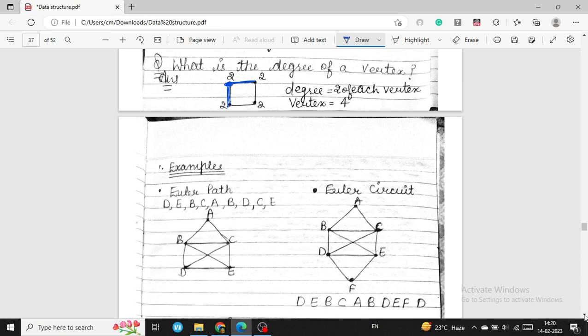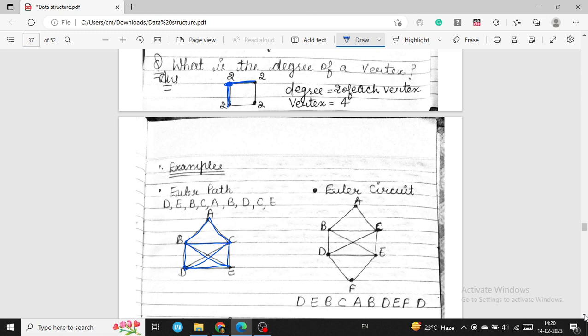Euler path example. For example, we have drawn this graph. In this, we start the Euler path here: D, E, B, B to C, C to A to B, B to D, D to C, C to E. This is called an Euler path.